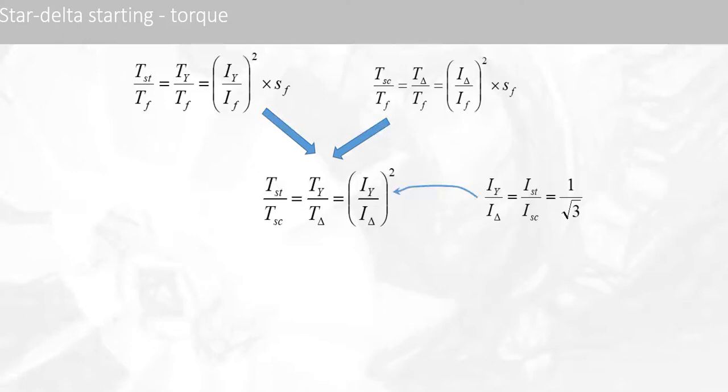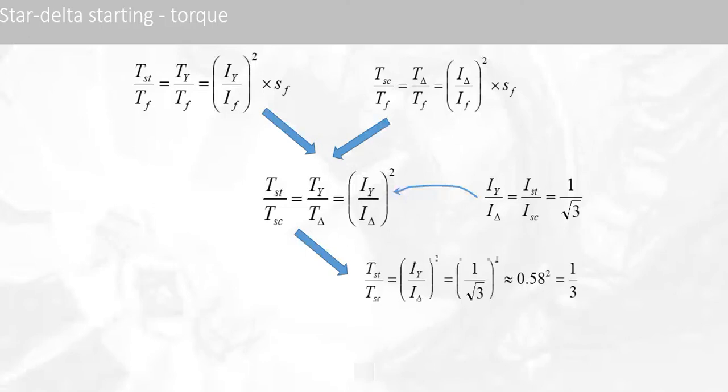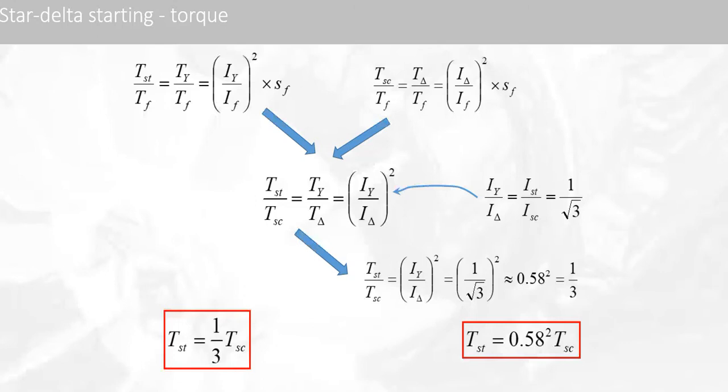So therefore 1 by square root of 3 the whole square is replaced by 1 by 3. So my starting torque is equal to 1 by 3 times of TSC. Okay, so therefore the starting torque is reduced to 1 by third of the starting torque available in the DOL method of starting of three-phase induction motor, or otherwise 0.58 the whole square. Okay, that is given in this diagram.